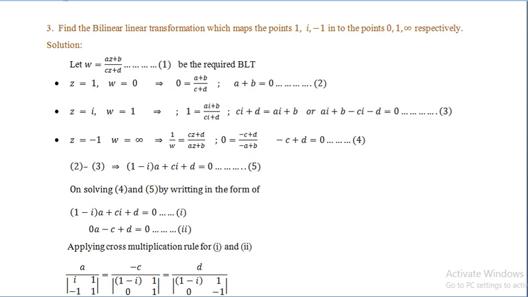Now we use equations 4 and 5 and apply the cross multiplication rule here. So the difference between equations 4 and 5 is, equation 5 contains a, c, d as unknown terms, but equation 4 contains only 2 unknown terms here, c and d. So actually here a is absent. So we consider the coefficient of a as 0 in equation number 4 here. So equation 4 is 0a minus c plus d and keep equation 5 as it is.